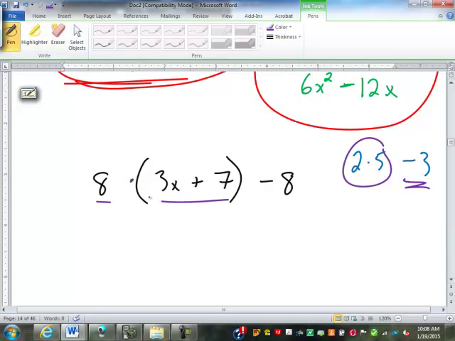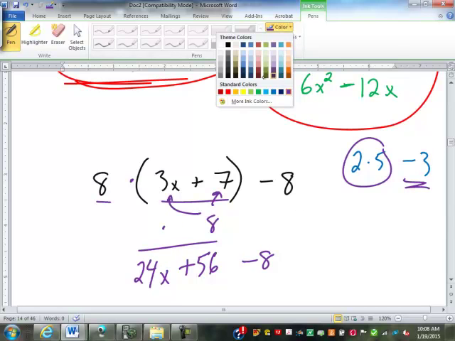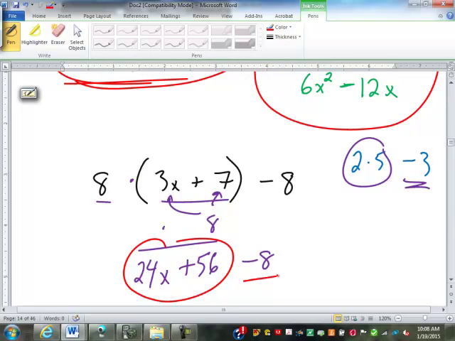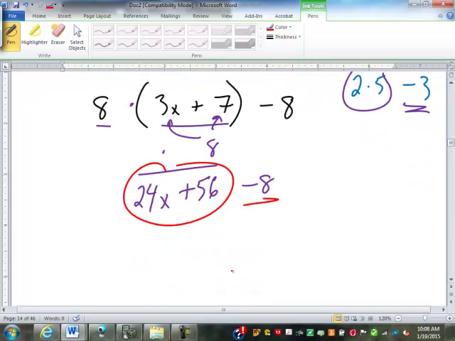So I'm going to do the 8 times the 3x plus 7. So I'm going to multiply by 8 here. 8 times 7 is 56, so positive 56. 8 times 3x is 24x. Then we have minus 8 here. Now we're taking the 24x plus 56 and we're subtracting 8 from it. Where do I subtract the 8 from? 56.